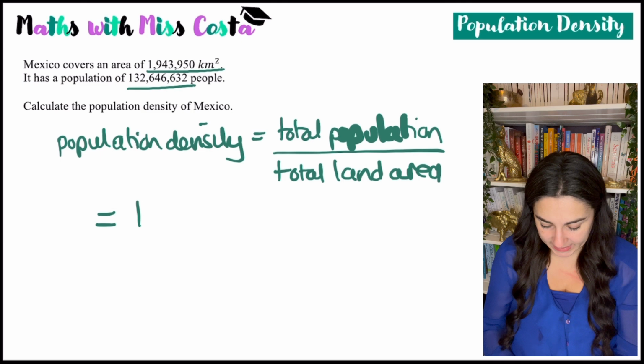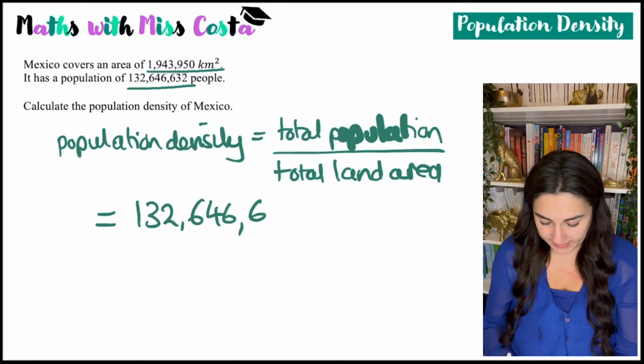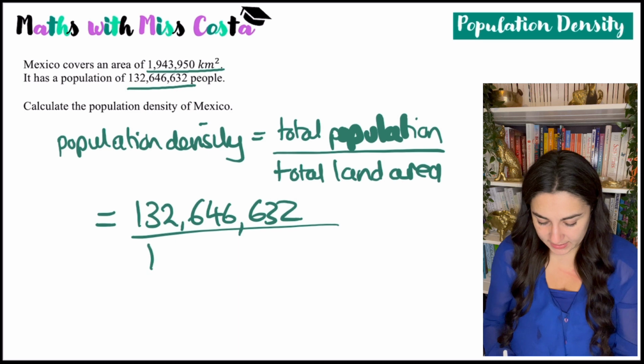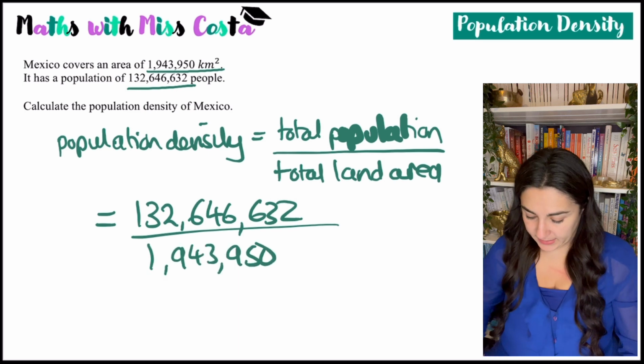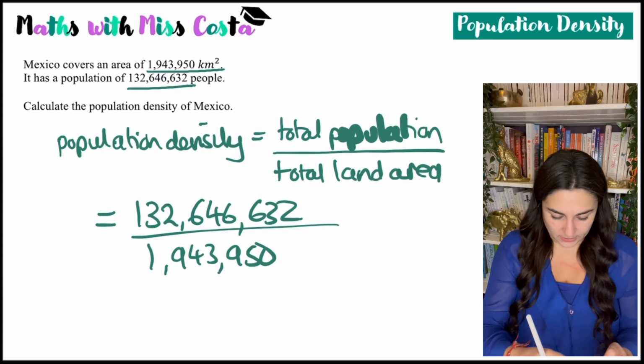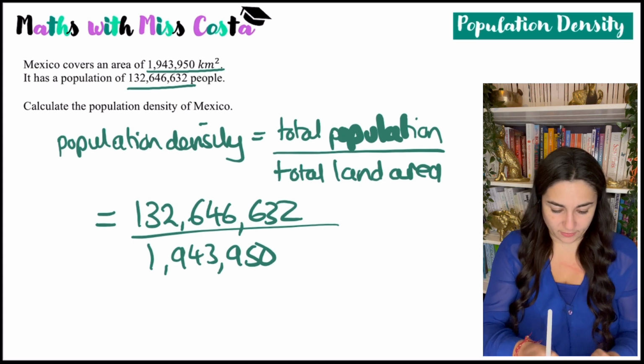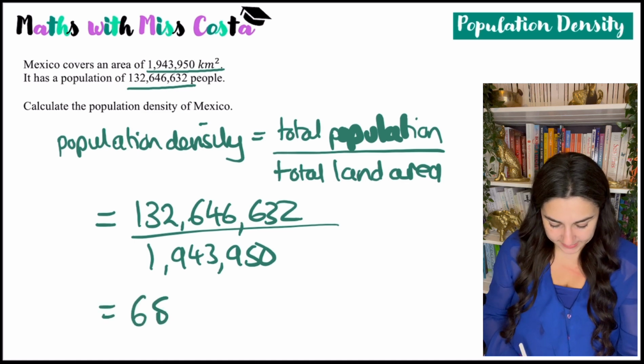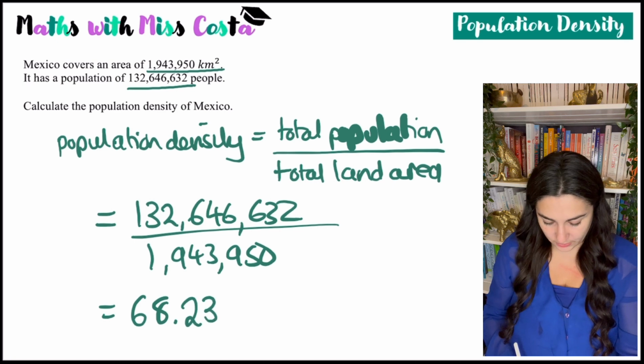All I have to do is the population, which is 132,646,632, divided by 1,943,950. So just plug that into your calculator, which is 132,646,632 divided by 1,943,950 equals 68.2356.